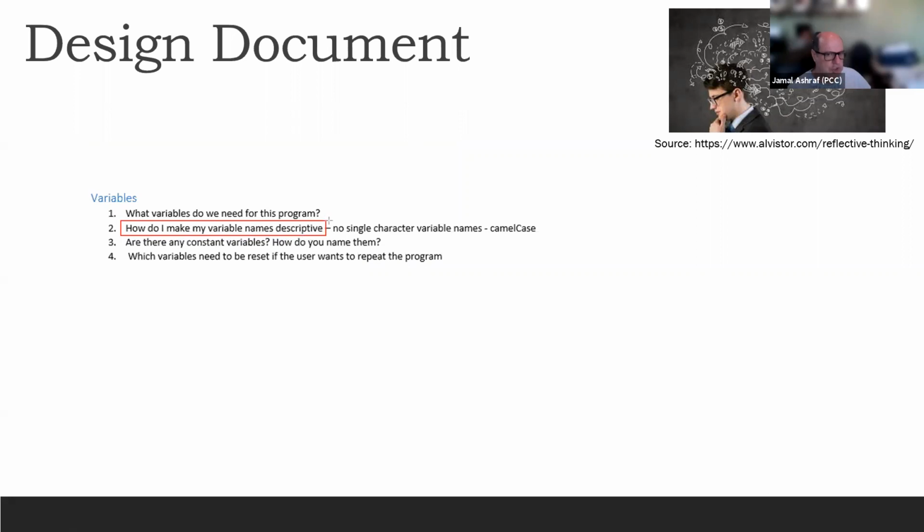There are no single character variable names in your programs. You're going to have some special cases, but the goal is that you are not going to have single character variable names. And your book decided to use camel case, which is nice and clean, in the 10th edition.